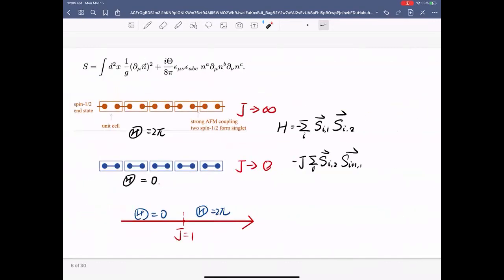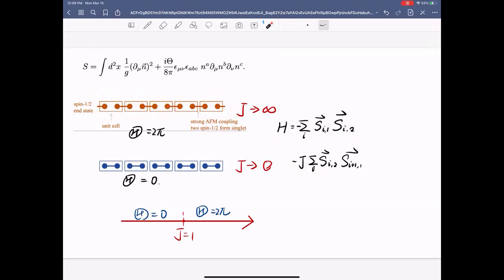Because we're talking about a topological phase transition, we have to think about a Hamiltonian which has competing orders. So we still begin with this spin chain where each unit cell has two spin-1/2 degrees of freedom, and the Hamiltonian contains two competing terms. The first term is the antiferromagnetic interaction between the two sites between the unit cells, which has a tendency to generate an SU(2) singlet between the bonds.